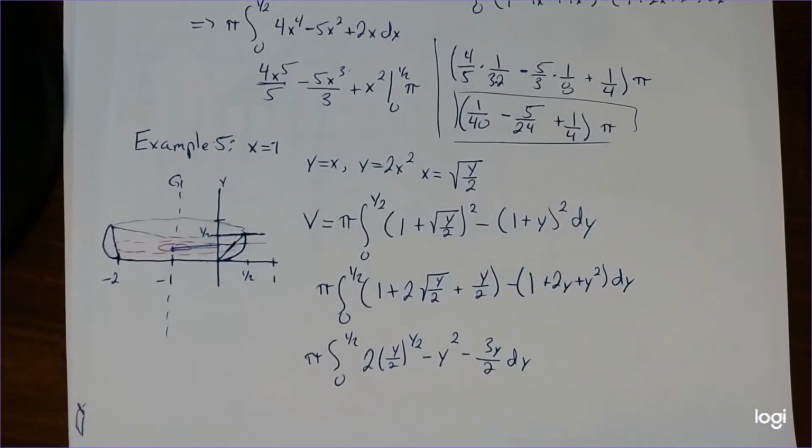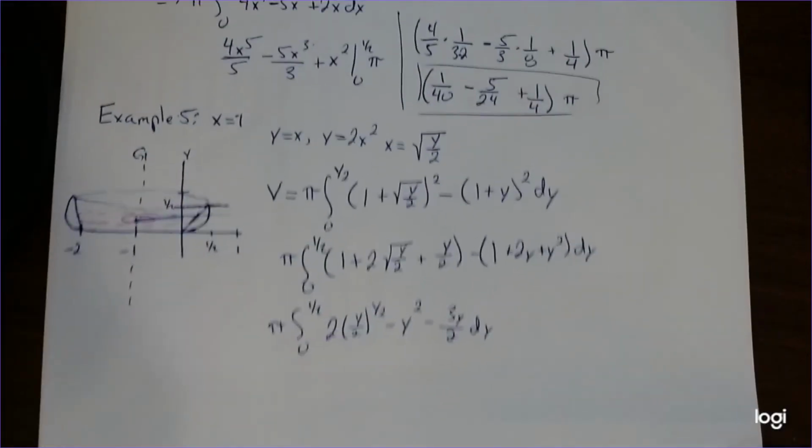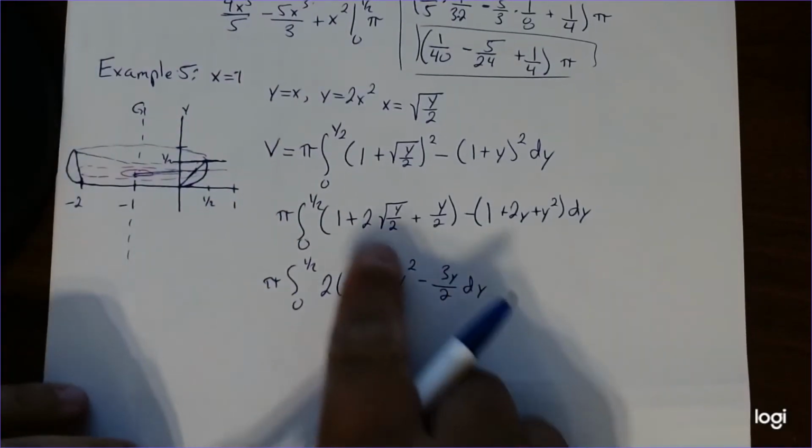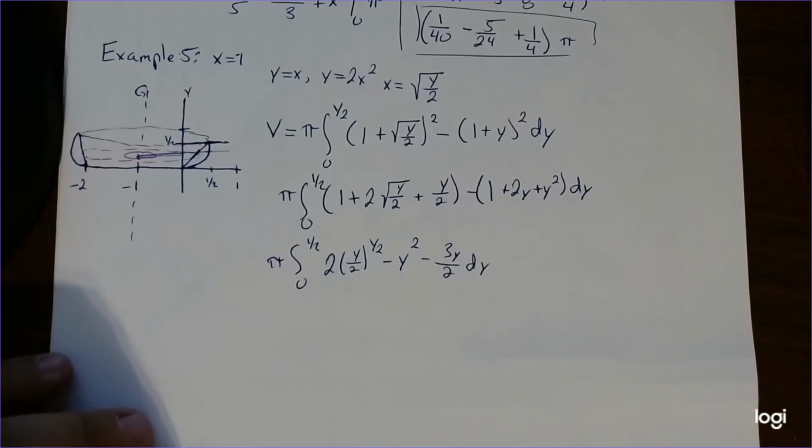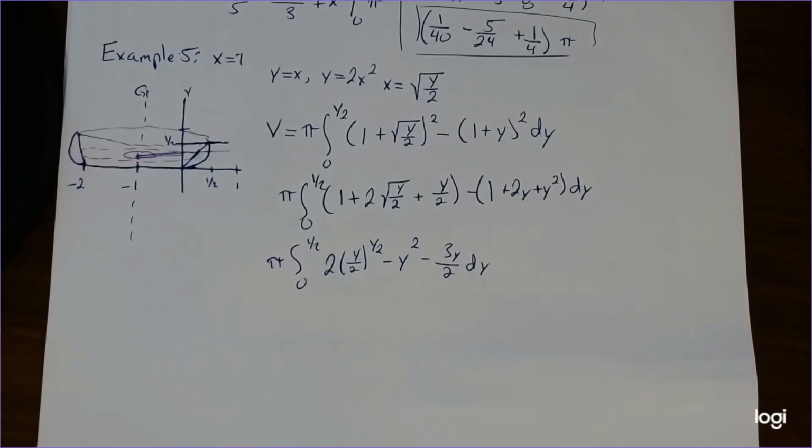Gives us that. Okay. And now finally, we just take the integral. Unfortunately, this makes it look kind of messy, and it is kind of messy for a reason. It's actually the substitution method.